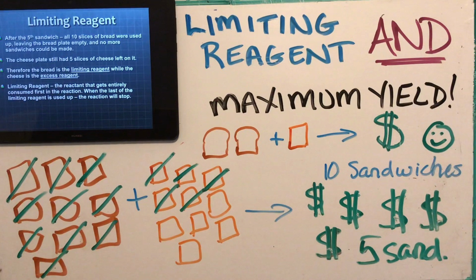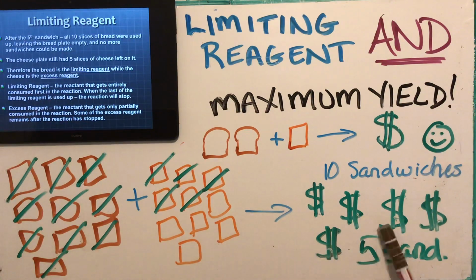When all of this is gone, the reaction, and in our example, the reaction is sandwich making, the sandwich making stops. I don't have this, and I need this to make a sandwich. So when I run out of this, I've hit my maximum yield of that. The reaction will stop at that point, just like the assembly line of making sandwiches stops at that point.